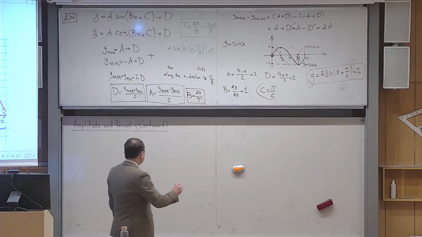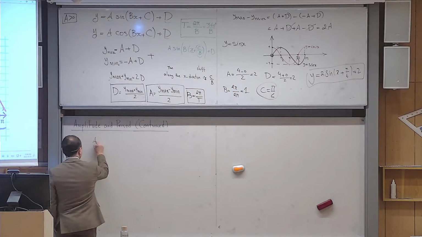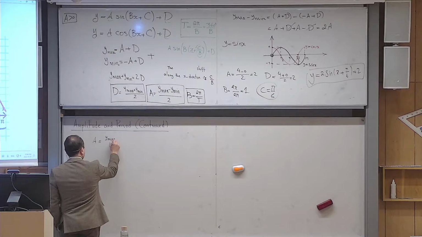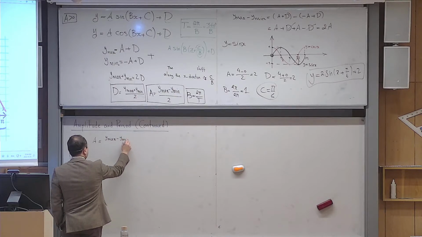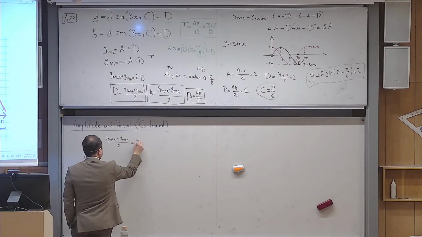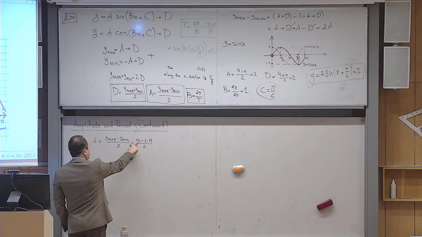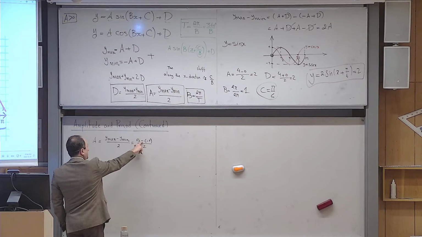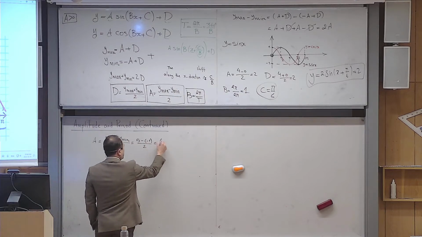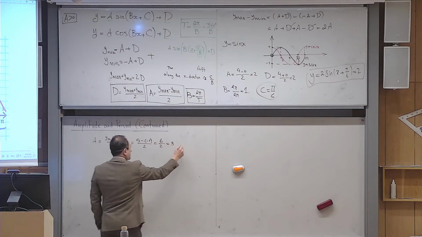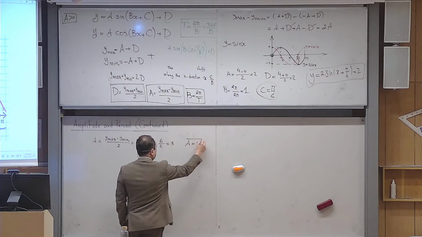So A is equal to y max minus y mean divided by 2, which is 5 minus -1 divided by 2. The max value is 5, the mean value is -1. There is a minus sign in the formula, so this becomes 6 over 2, which is 3. So A is exactly 3.